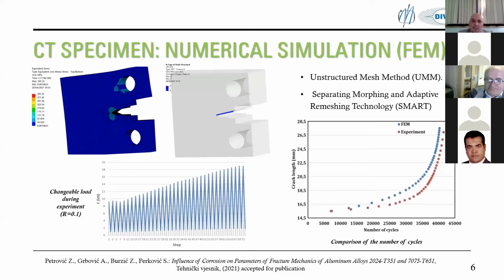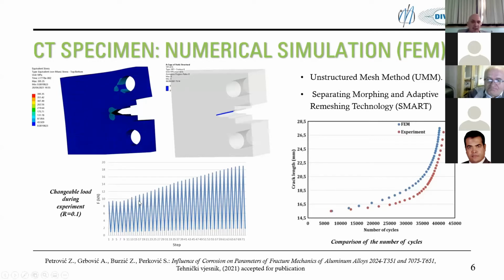But using that approach in this particular case, so maximum force and stress ratio R equals 0.1, we didn't get a good fit with data obtained in the experiment. But after we applied variable load in this sequence, which is the load used in the real experiment, I had access to the Excel file from that machine, and I could take these values.